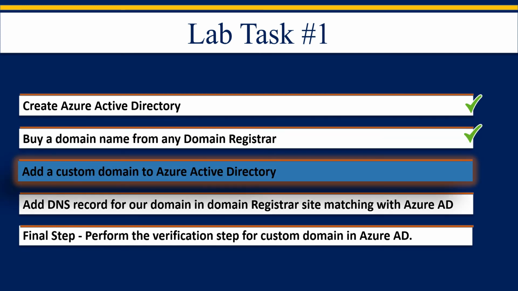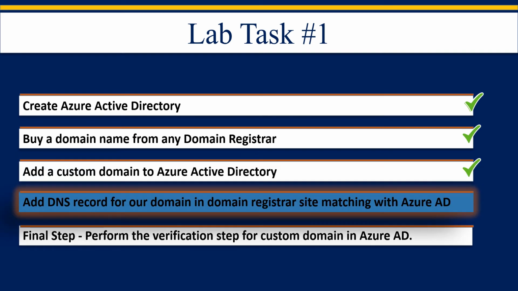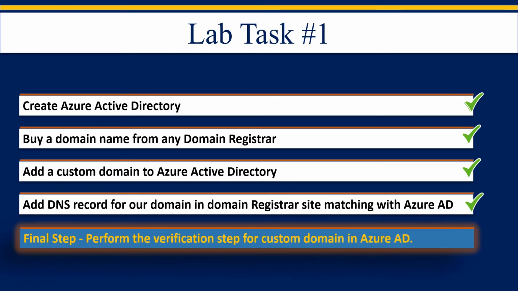The third step is we need to create the custom domain in Azure Active Directory. The fourth step is we need to go to the domain registrar and create a DNS record that matches the custom domain that we created in Azure Active Directory. And the final step is we need to perform the verification for the custom domain in Azure Active Directory.